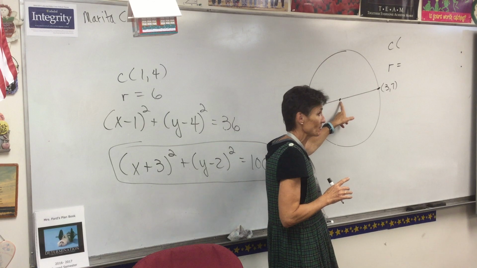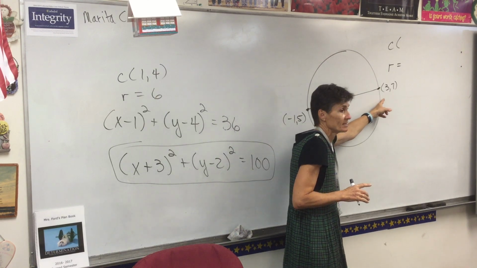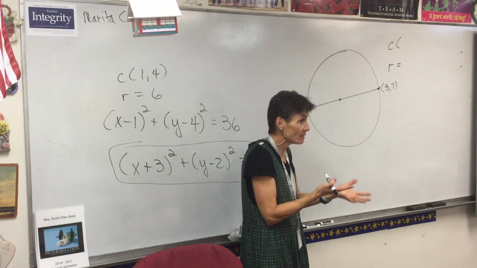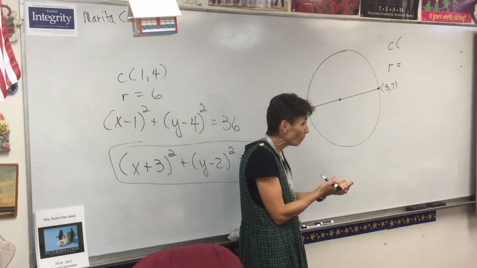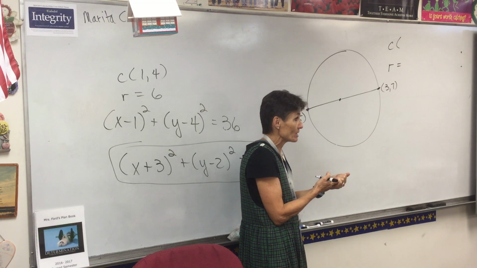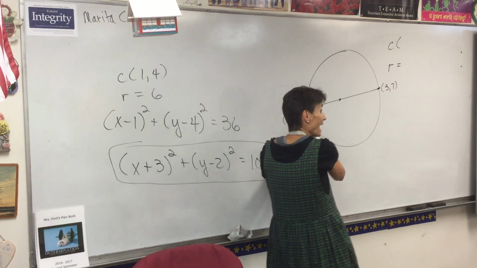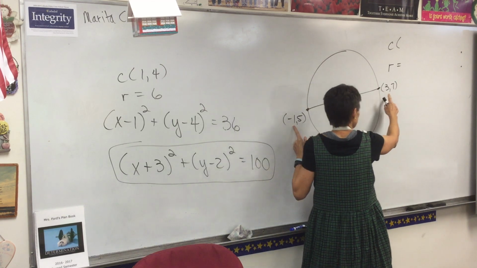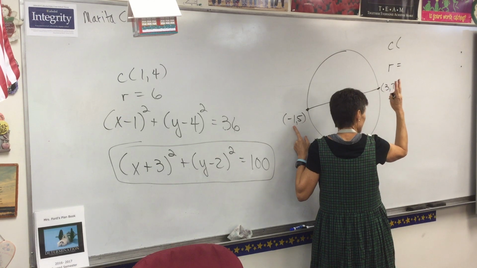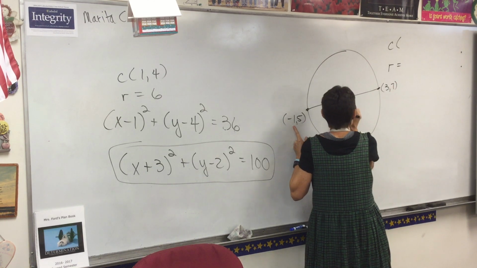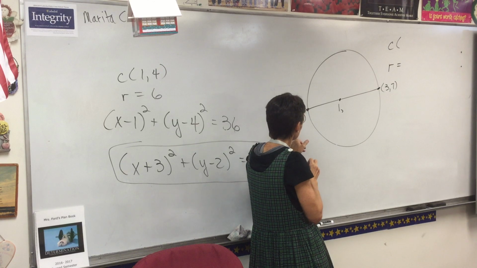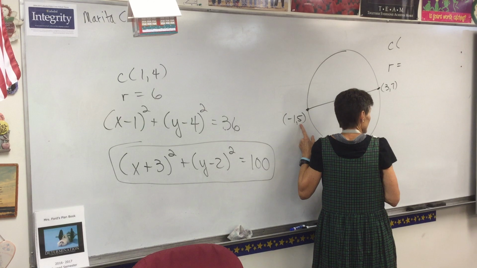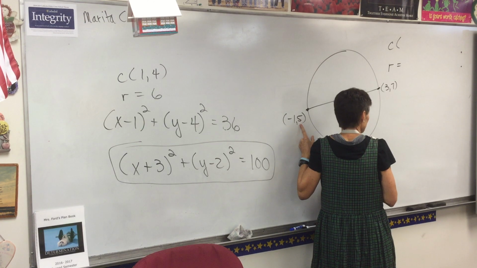What do we know about the center and its relationship to these 2 points? It's in the middle. It's the midpoint, right? And to find the midpoint, we average. So what is my average x value? -1 plus 3 is 2, divided by 2 is 1. So my middle x is 1. Then 5 and 7, divided by 2, is 6.